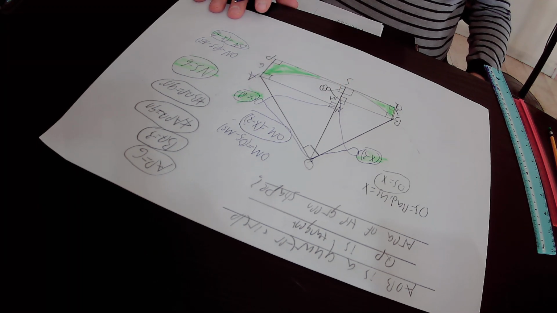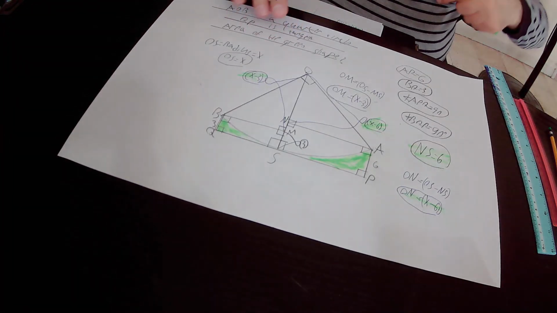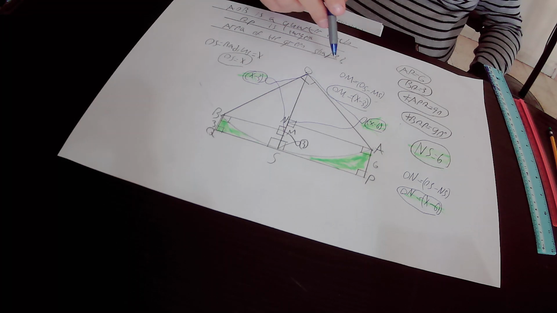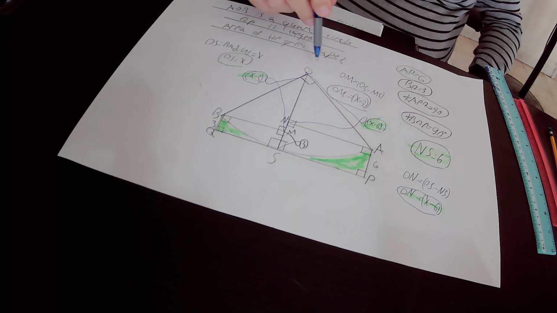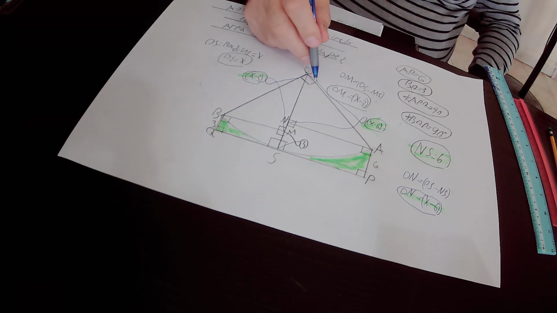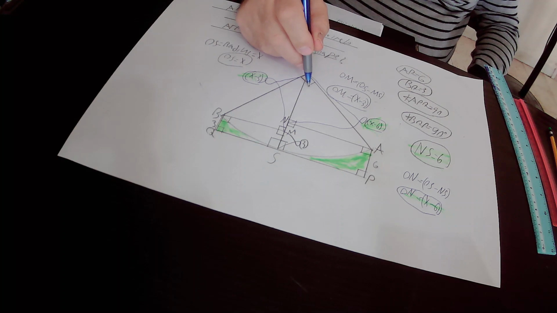In the next step, we'll focus on this right triangle AON. We'll define angle AON, this angle, as alpha.